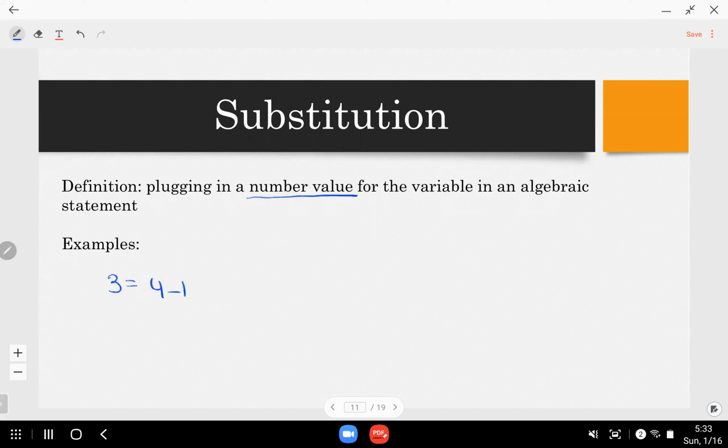I'm going to use that 5 somewhere else. Let's say 5 plus 3 is equal to 8, right? So then what we need to do is, let me just experiment with the substitution.